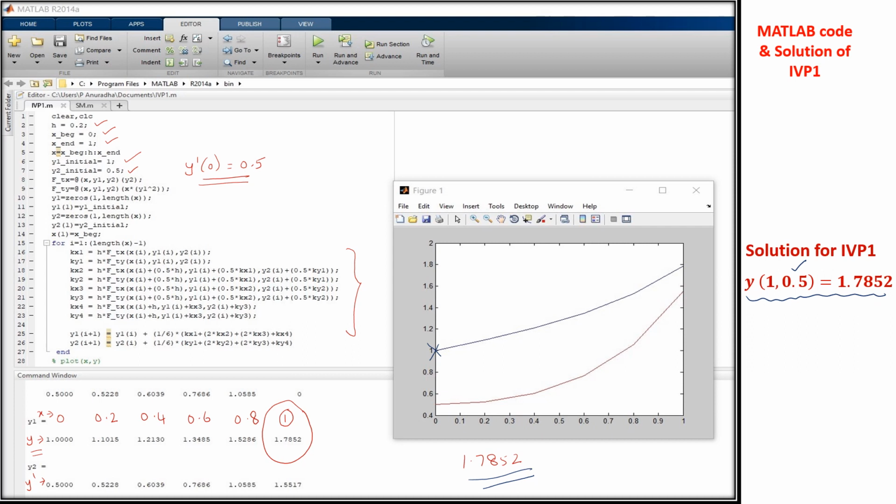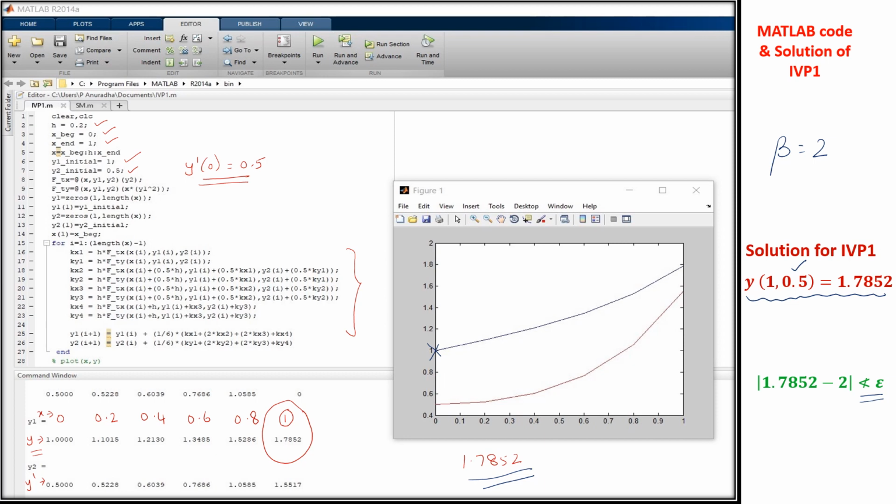Now let us check what the actual value is. What is your actual beta? It is 2. So what will be the difference between the two? 1.7852 minus 2 is certainly not very close, and it is not less than epsilon, and therefore let us move in for the second choice by choosing another gamma value.